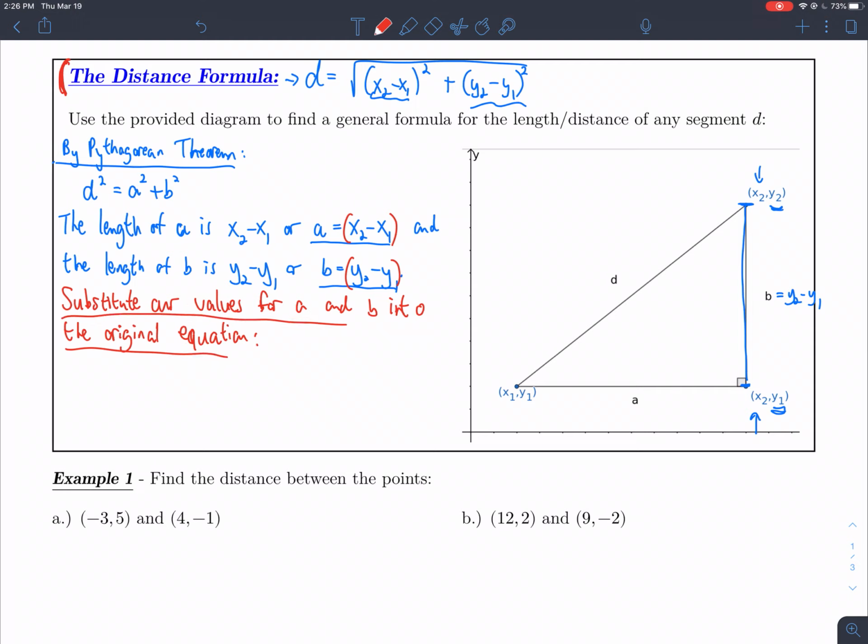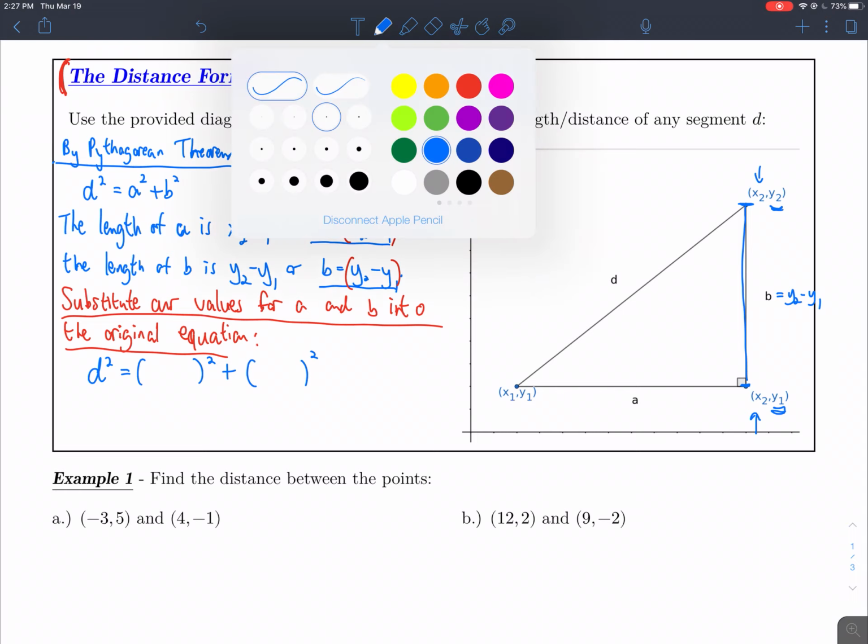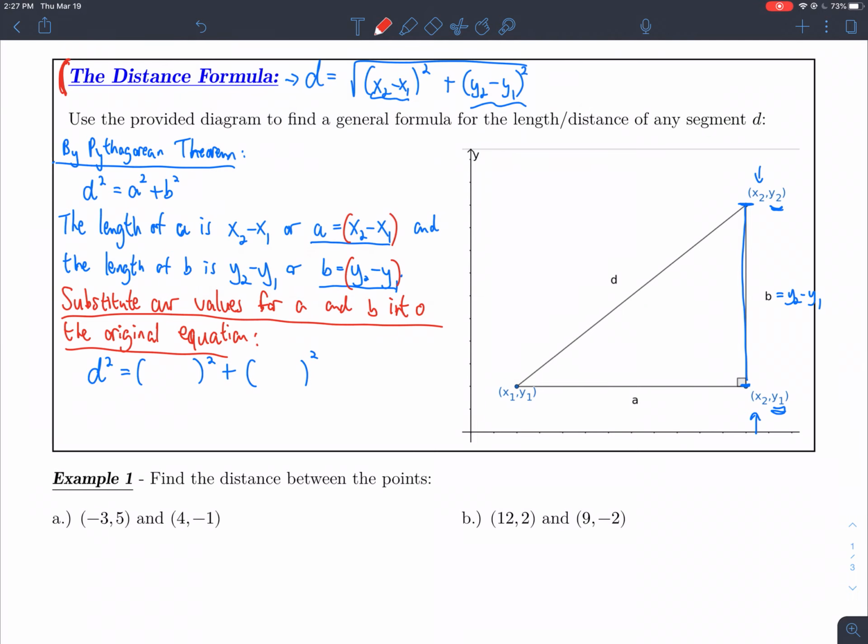D equals, and what you'll get is something squared plus something squared. Let's do the substitution in red. Instead of A, I'm going to put x2 minus x1, and instead of B, I'm going to put y2 minus y1.